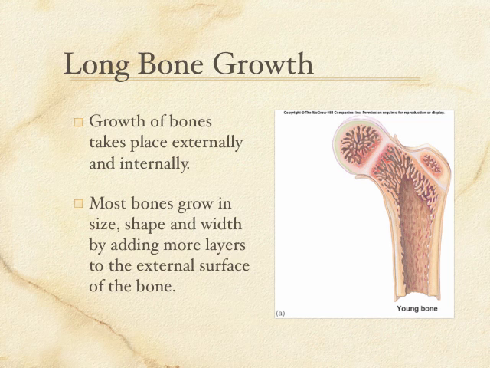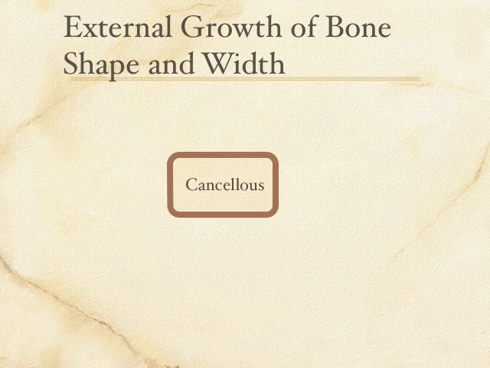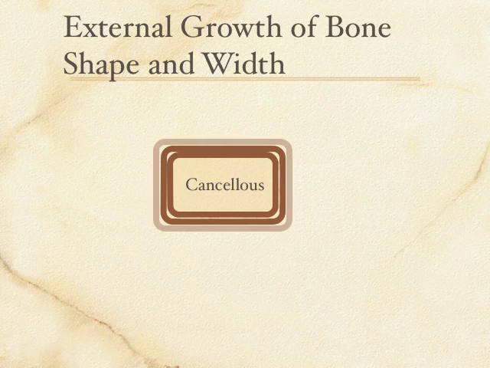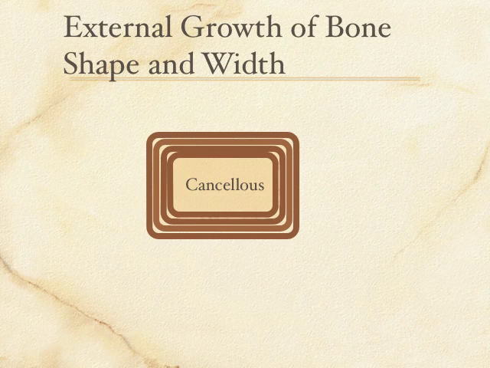Now, you have to go beyond just adding more external layers. Let me illustrate. Here's a bone. I just made a very simple box shape for a bone. Maybe this is one of the bones in your foot. And imagine it growing in the same shape to get bigger and bigger, and as it does, the osteoblasts are simply adding more and more layers.